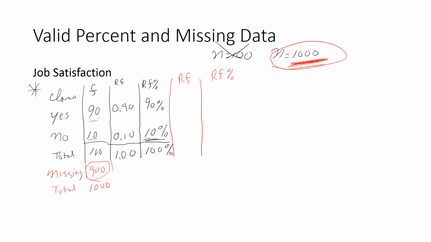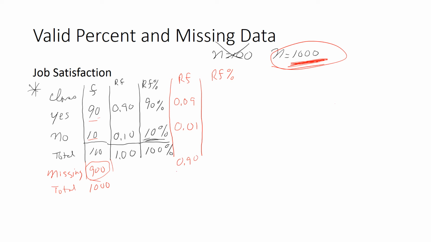That would give us 0.09. With no, 10 divided by 1,000 now is going to give us 0.01. And the missing 900 divided by 1,000, that's going to give us 0.90.